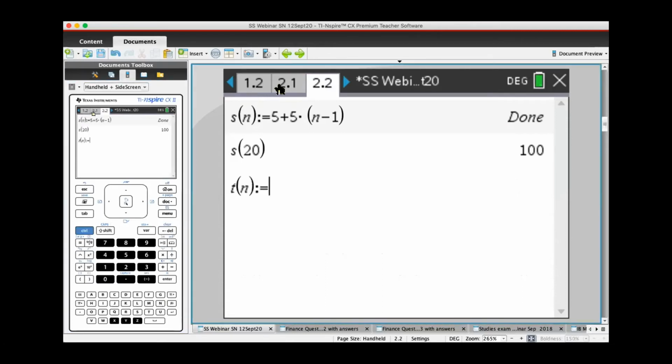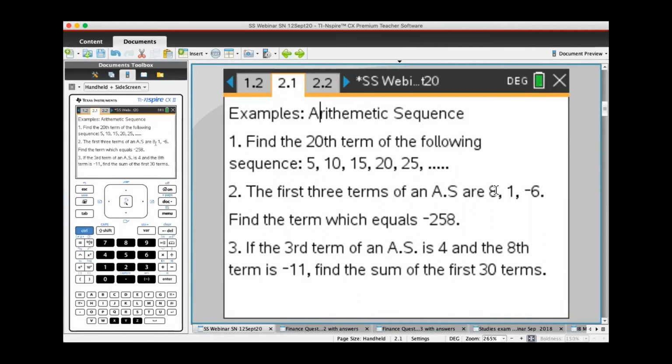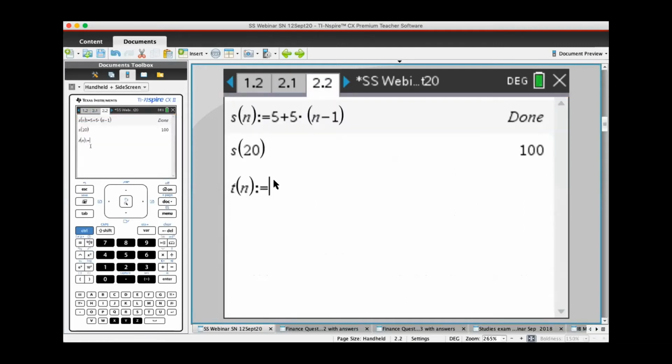Going back, the first term is 8 and this is negative 7. So I go back here and I say, okay, I'm going to define it as 8 plus negative 7 multiplied by n minus 1.